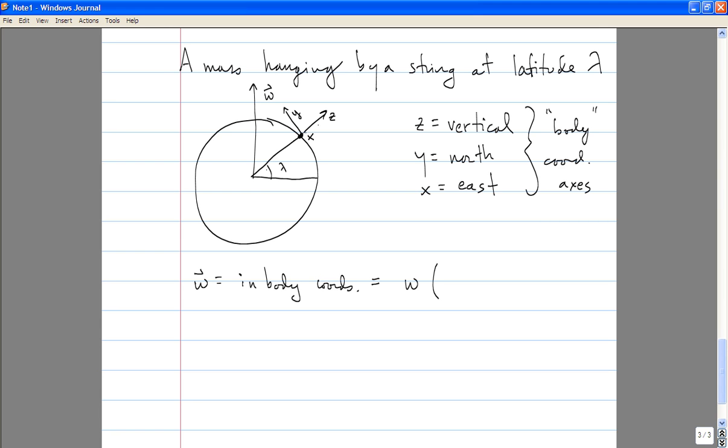If lambda is equal to pi over 2, it will point in the z direction. And in general, it's just a matter of staring at this picture to see that it points in the cosine lambda, sine lambda direction for arbitrary values of lambda. And the overall magnitude is just this constant omega, which was 7 times 10 to the minus 5 radians per second that I wrote down earlier.